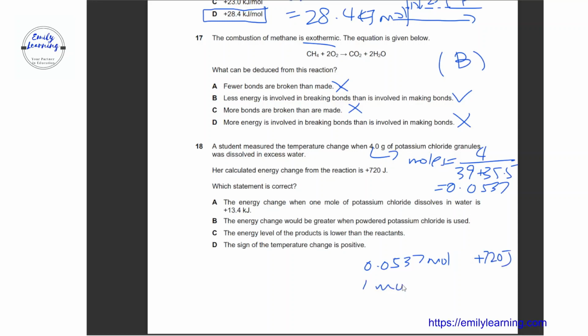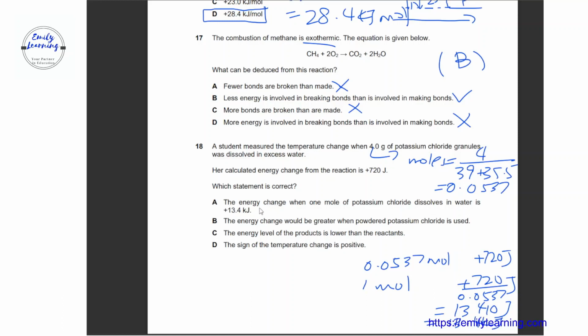So how about 1 mole? 1 mole will give 720 divided by 0.0537 joules, which is around 13,410 joules, which is around 13.4 kilojoules. So A is correct, right?